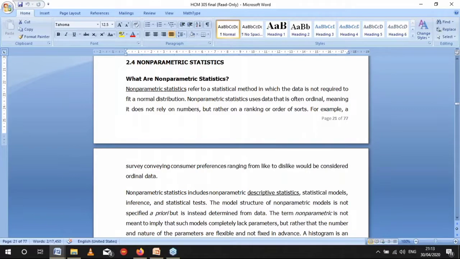So it does not assume that data is drawn from a normal distribution. I think we will stop here for tonight and give room for questions because we have about 8 minutes to go.